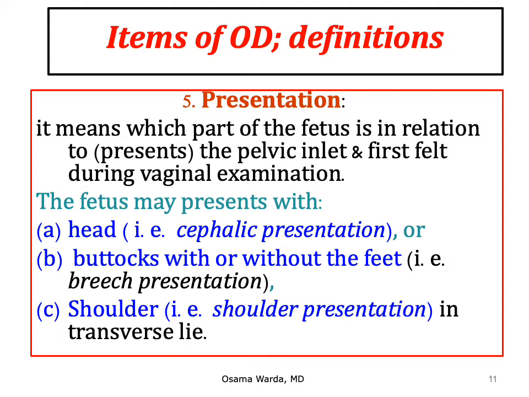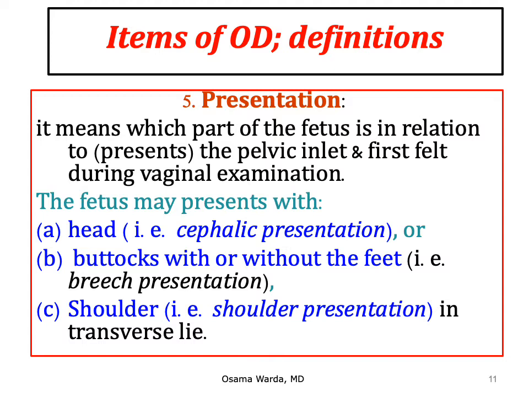However, the atlanto-occipital joint can act on the transverse axis. So, if the fetal head is tilted to one side, the condition is called asynclitism and results in two types of cephalic presentation: the anterior parietal bone presentation and posterior parietal bone presentation. And here the denominator is the parietal bone.